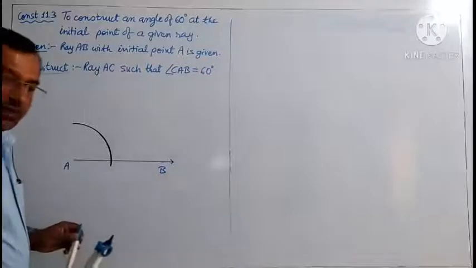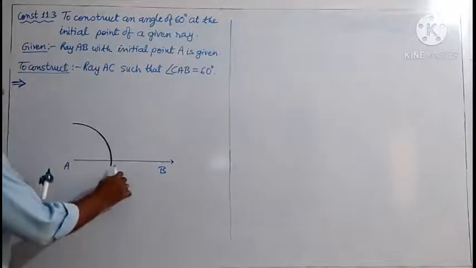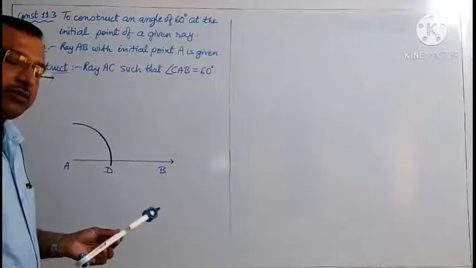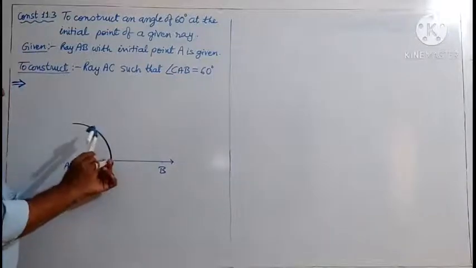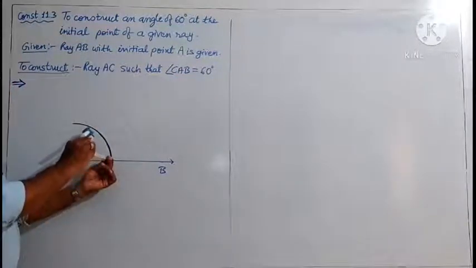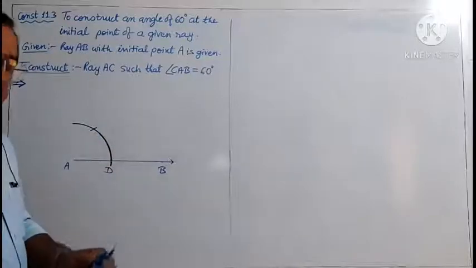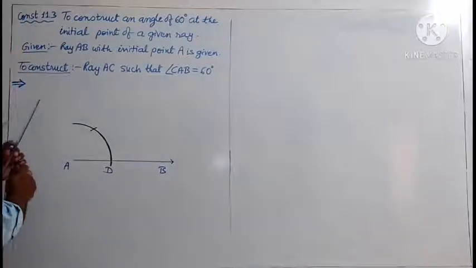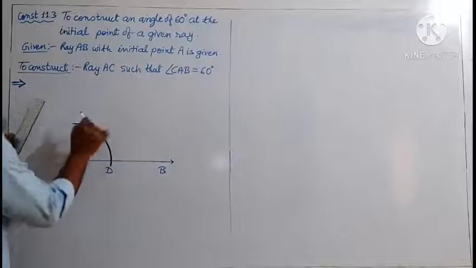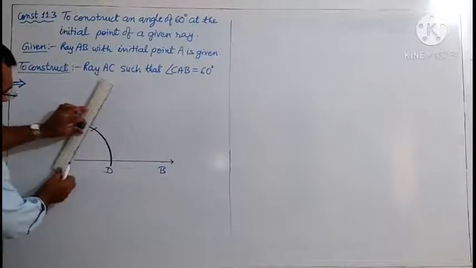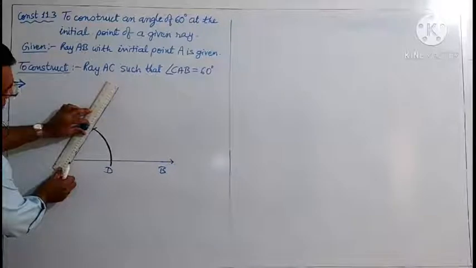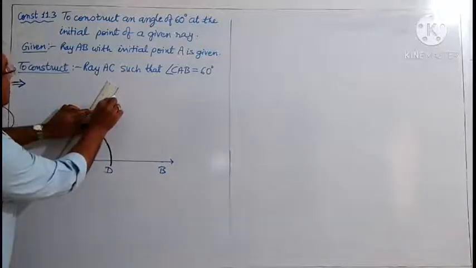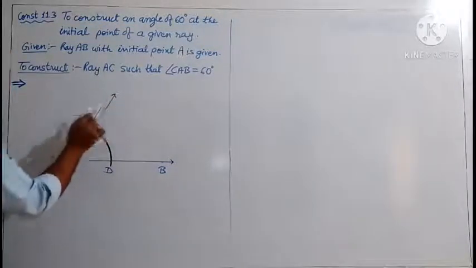Now here it intersects AB at D. Now taking D as a center and the same radius, draw an arc which intersects the previous arc at E. So here 60 degree is very easy. Then join AE or draw AC passing through E. This is AC drawn passing through E.